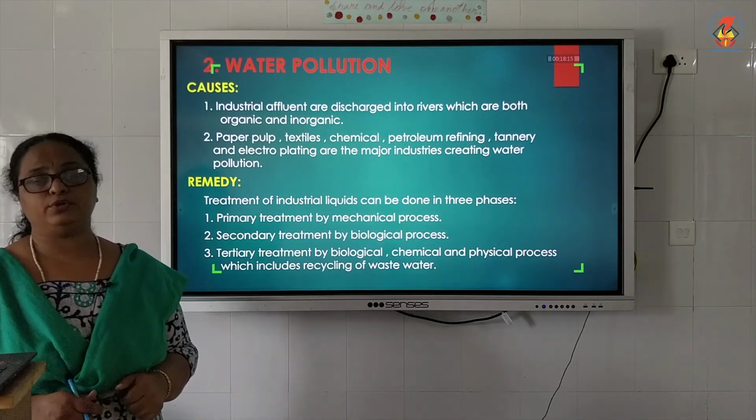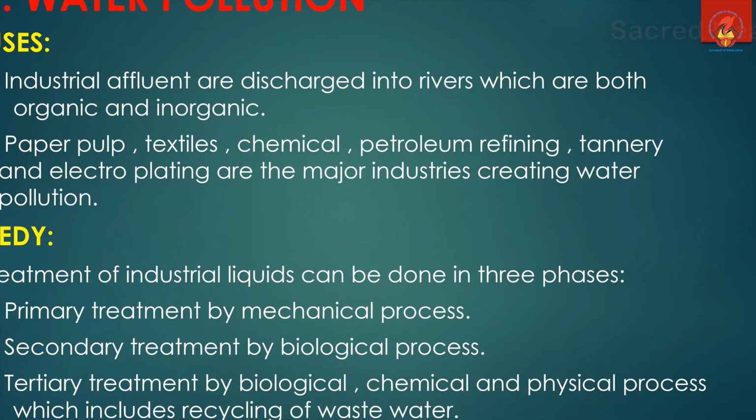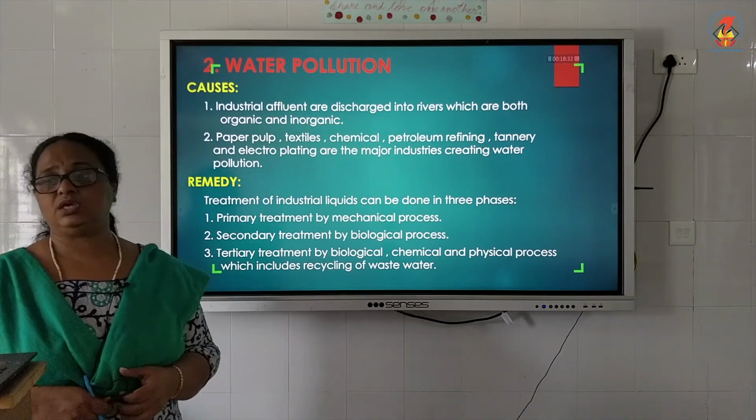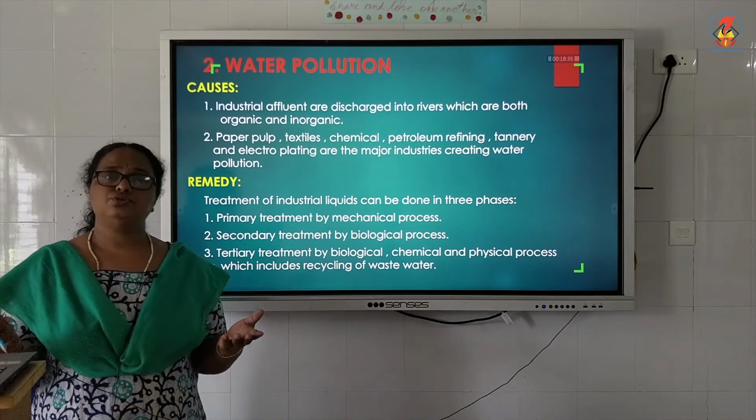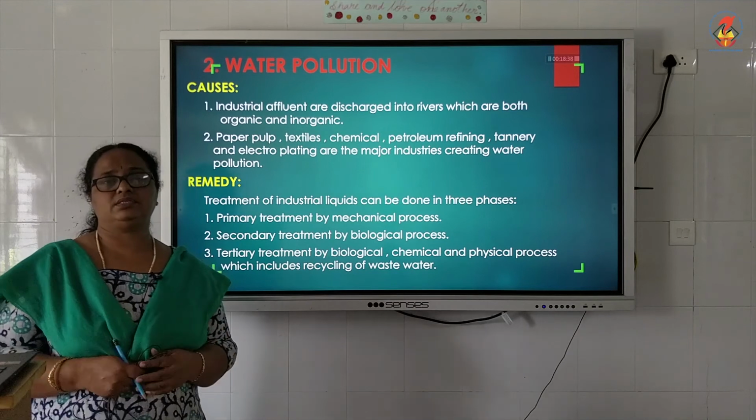Now let us go to the next, that is water pollution. What are the causes? Industrial effluents, which are both organic and inorganic materials, are discharged into the rivers. So naturally, it is dangerous to the living beings in the water.